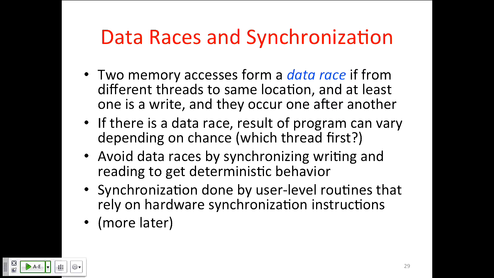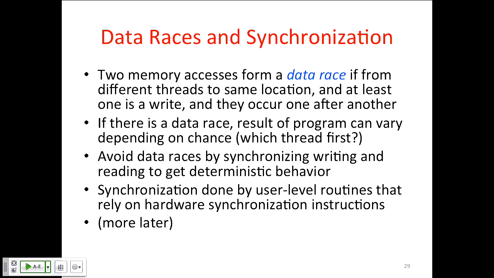It's a race because it depends on who gets there first what values you're going to see in the resulting program. And so the result of your program will change depending on just what happened in the machine when you're running it. And that's not usually a desirable property. Usually you want the program to give you the same answer every time you run it. You want a deterministic result every time you run the program. And to make sure that happens, you have to explicitly synchronize, like I said, the different threads.